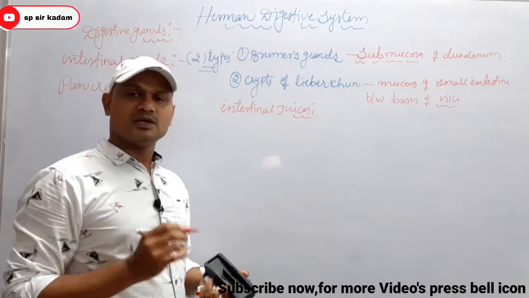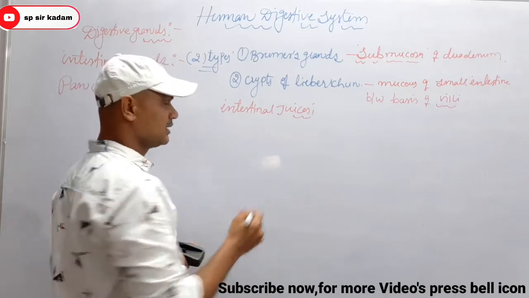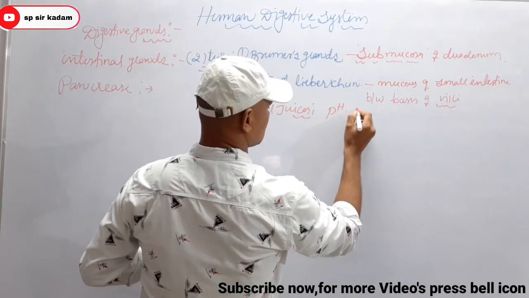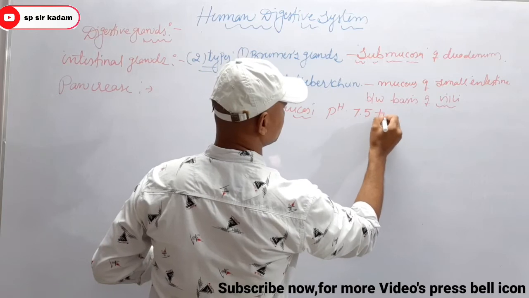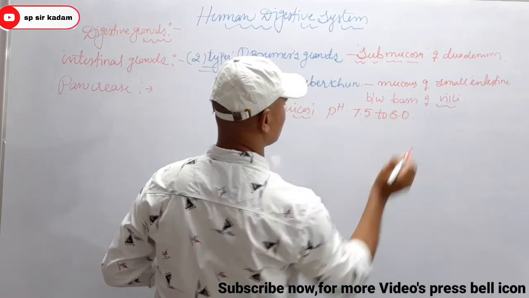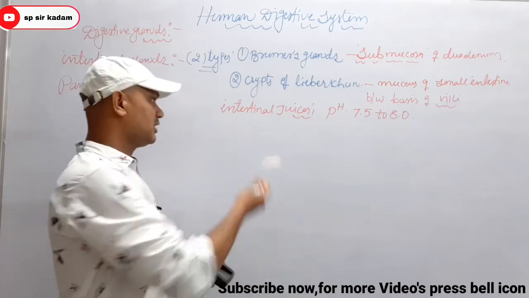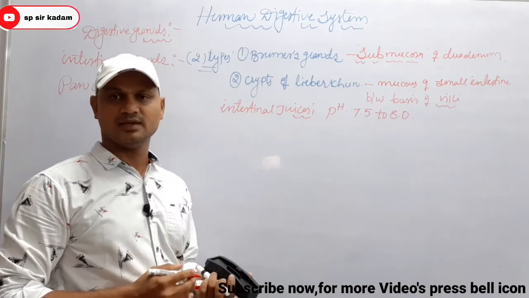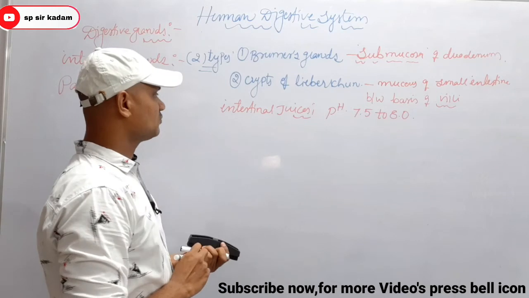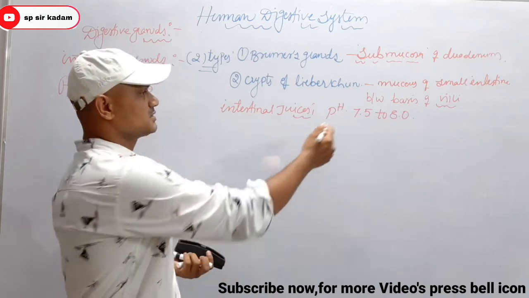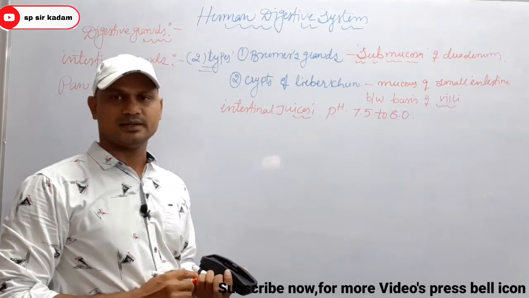And when we look at the pH of the intestinal juices, that is 7.5 to 8.0. The pH of the saliva, pH of the gastric juice and pH of the intestinal juices are very important. So the pH of the intestinal juices is 7.5 to 8.0.